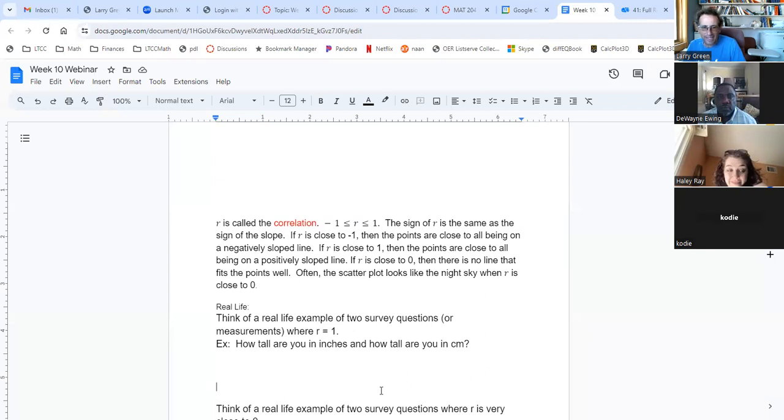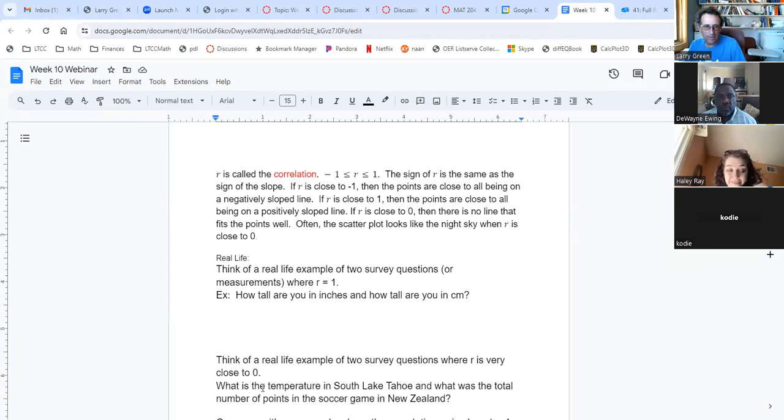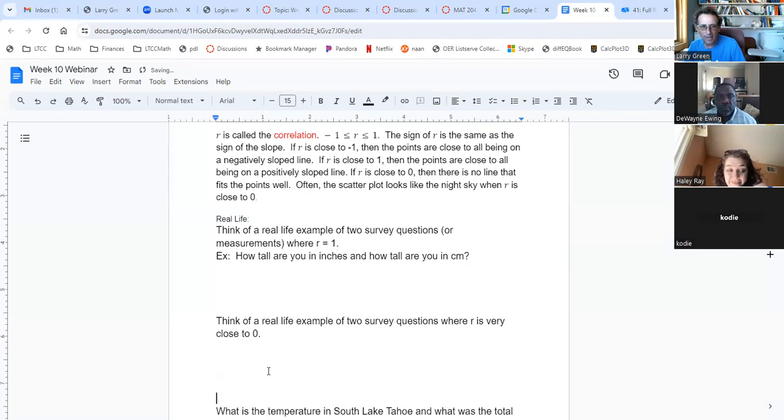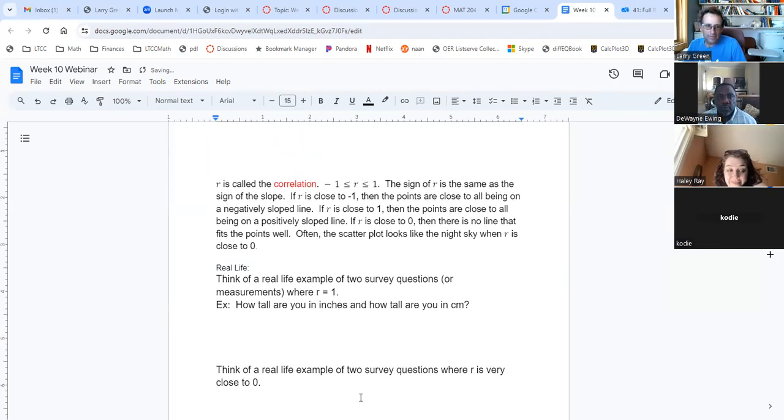All right, can you think of a real life example of 2 survey questions where R is very close to 0? I gave you the one with the night sky. That would be like, how many degrees north and how many degrees west is a star. But there's others. See if you can come up with an example where you're going to get R very close to 0.